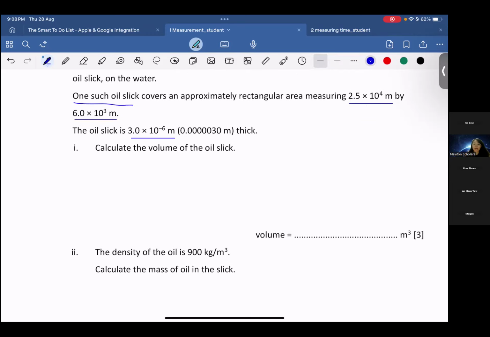Calculate the volume and tell me what is the volume. Rectangular area. So they give you the area, they give you the thickness. What is the volume?